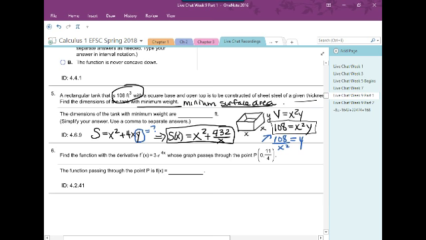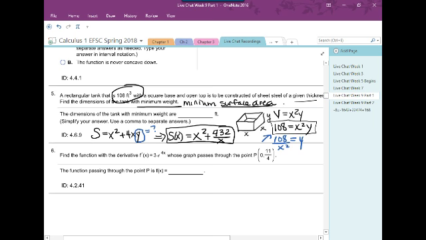Nobody? So do you need to find the first derivative, perhaps? And what do you need to do with the first derivative? That's right, set the first derivative equal to 0 and solve for x.